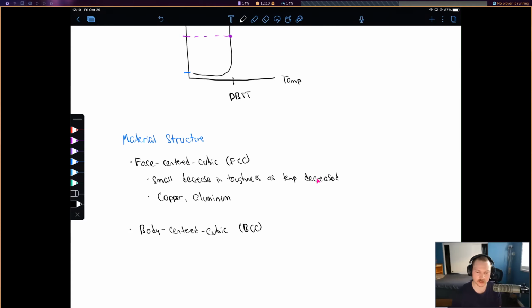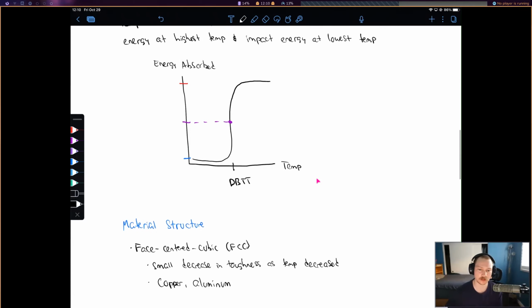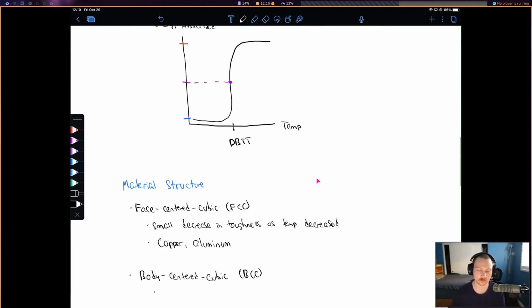Okay, or BCC. And for this, there's going to be a very sharp transition from ductile to brittle. So what we drew here was some kind of steel. That's going to have a very sharp transition from ductile to brittle.